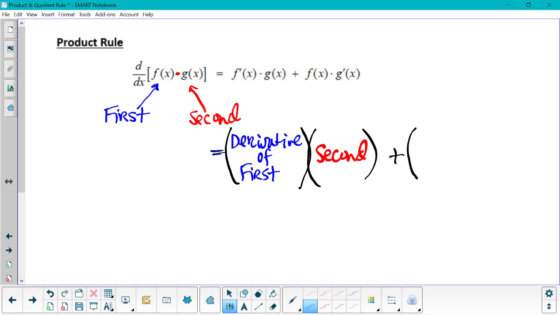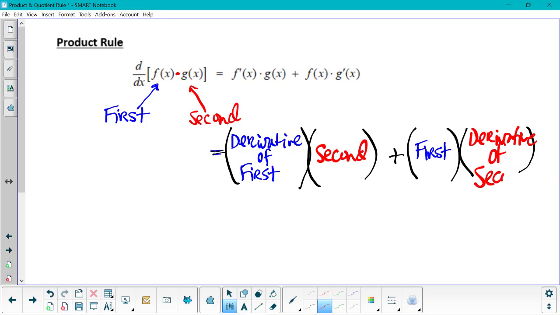And so it's just kind of a common thing, so we can help remember it that way. Then it says plus f. Well, f of x is my first function, so now it's just the first function itself, exactly as it is. You don't have to take any derivatives. And then you take that times g prime of x. Remember, the prime means the derivative. So then we take that times the derivative of the second function.